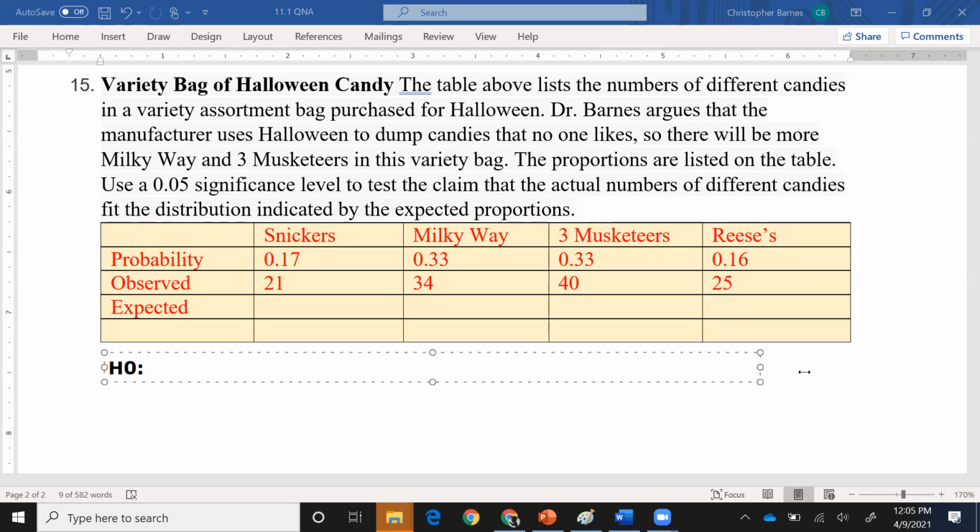One, I'm not going to ask Essence just yet. I will ask you, Deja, just to see if you can work on it, and then me and Essence will help you if you don't have it right. What do you think the null hypothesis would be? And I'm going to think back about how we did the one before with Benford's Law. Benford's Law had 9 of them, right? And they were listed. But this right now is a little bit easier. It only has 4. How do you think we're going to write this null hypothesis?